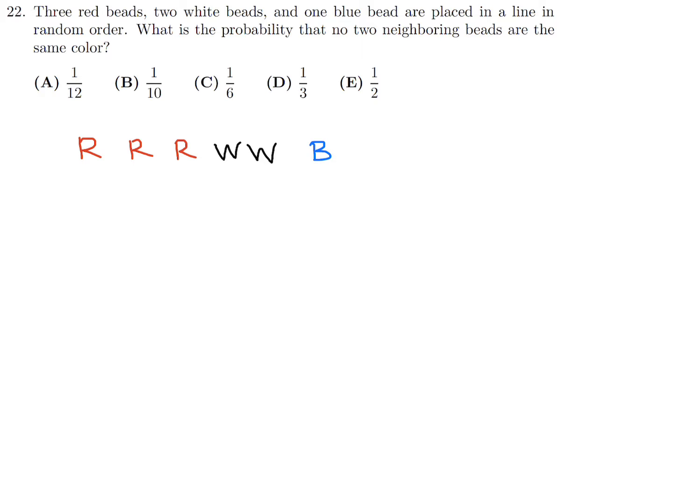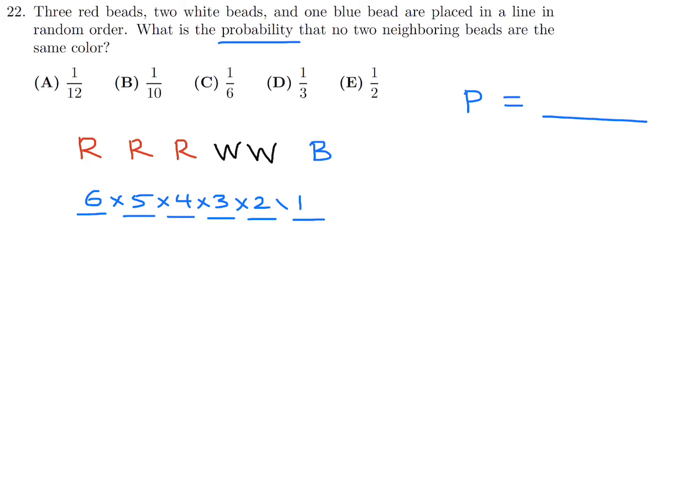So, first and foremost, like all probability questions, I got to figure out the denominator, which is the total number. Total number of arrangements for 6 objects, if you were going to put them in order like this, 6 times 5 times 4 times 3 times 2 times 1, right? But this overcounts. Why? Because we have objects of the same color, or essentially the same.